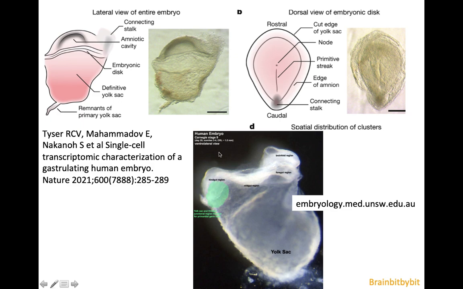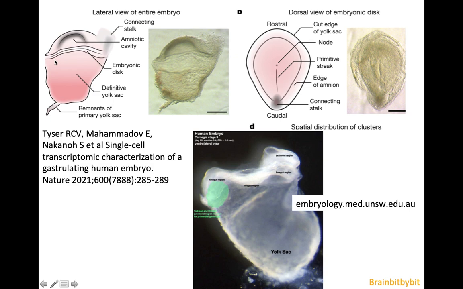And in this Carnegie stage 9 embryo, this region has been outlined in green. And these are other pictures of a gastrulating human embryo where you can see the embryonic disc, and this is the region where the germ cells are going to be.